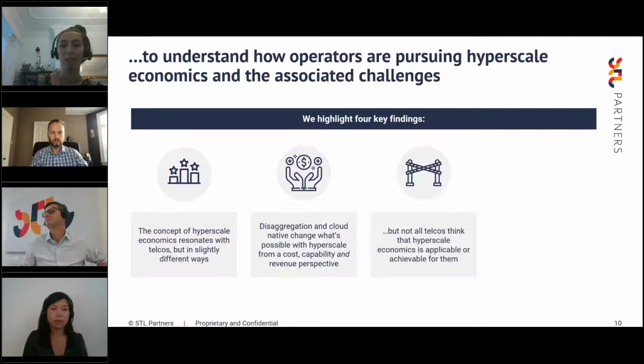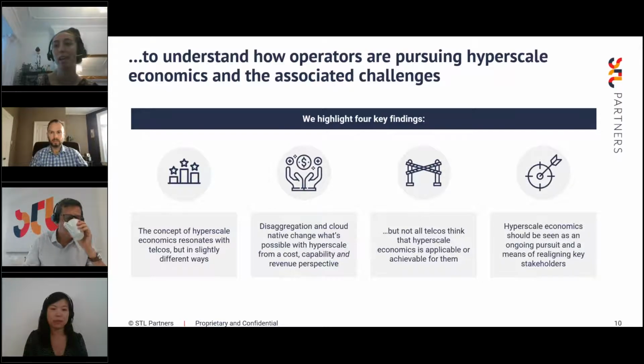But this isn't something that all people feel is applicable to them, and some see it as being just for bigger companies with more scale, or even for the internet giants. Finally, we think hyperscale economics should be kept in mind as more of a North Star to work towards, as opposed to a set end state. That was a very quick recap, and then we can dive into each of these findings a little bit more.